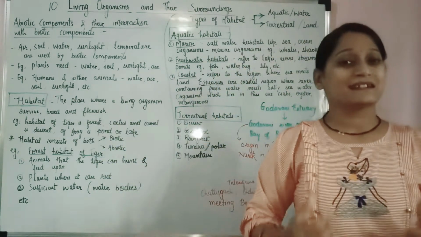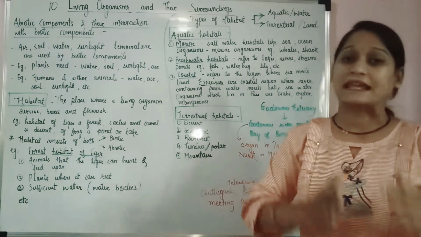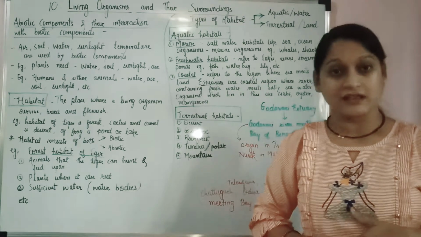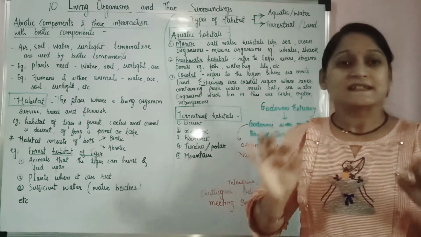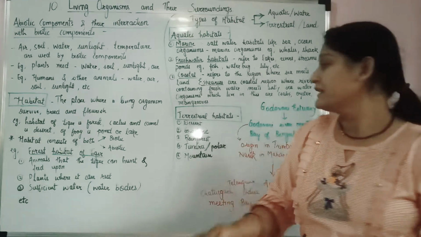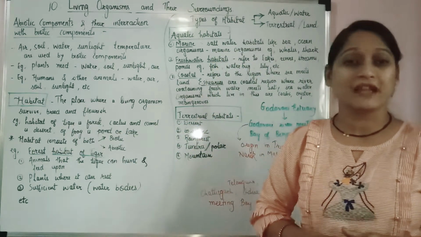Now, what about the cactus and the camel? The cactus and the camel stay in low water areas, that is, in desert areas. Their body is developed in such a way that they can sustain for a longer period of time without water, right? A frog's habitat is a lake or a pond.